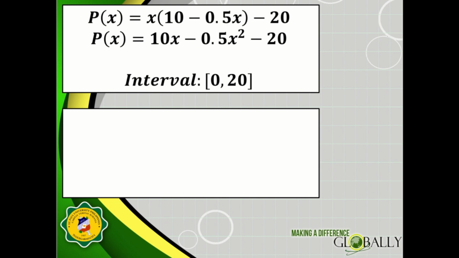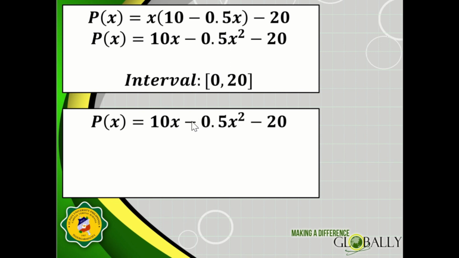So again, right after we get the interval, what is our first step? Okay, very good. We get the critical value by finding the derivative of the original function, 10x minus 0.5x squared minus 20. What is the derivative of 10x? Very good, it's 10.